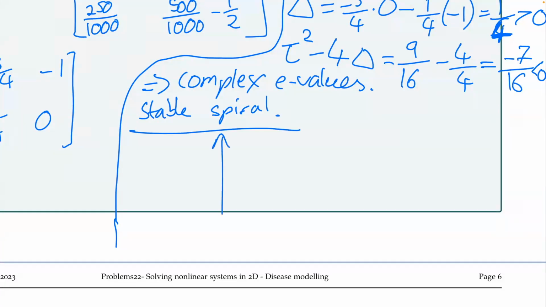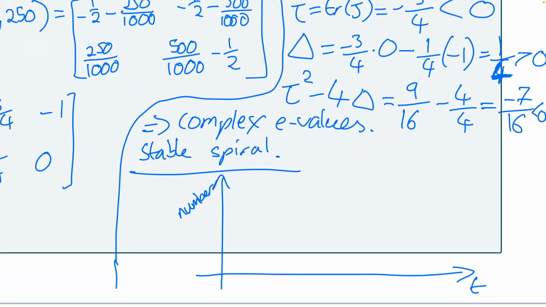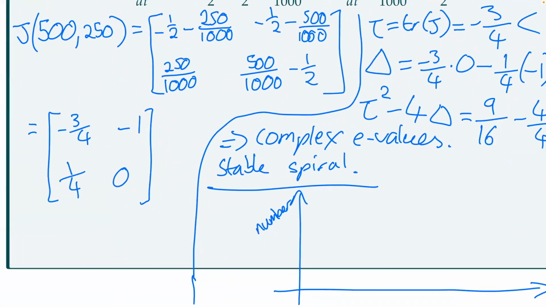Okay, so let's think about what our epidemics look like. This is the number of individuals, if we plot the number of individuals versus time t. And we know that we have this equilibrium at 500, 250.